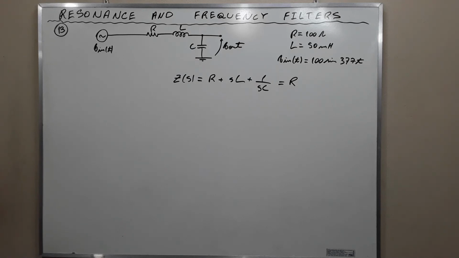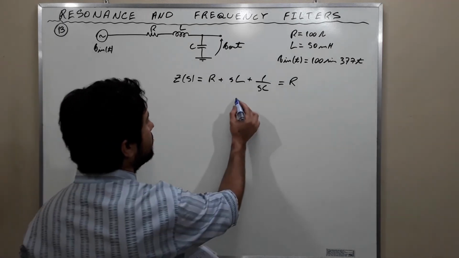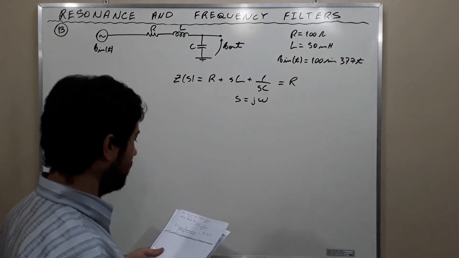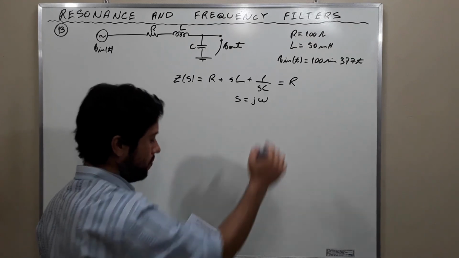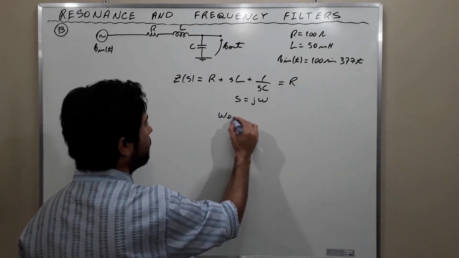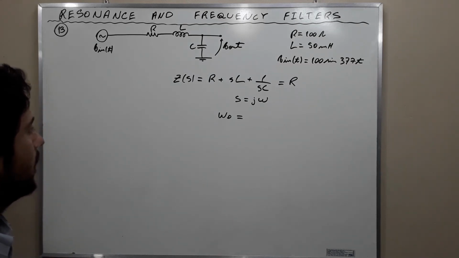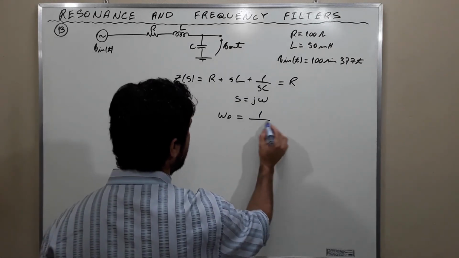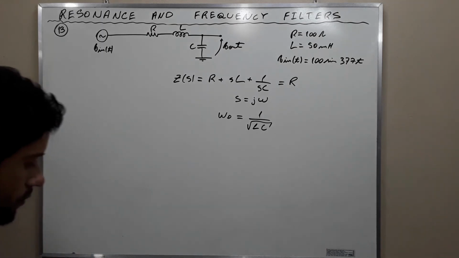But for the equivalent impedance to be purely resistive, provided that S is equal to JW, okay? For this to happen, the frequency has to be equal to 1 over the square root of LC. Okay?